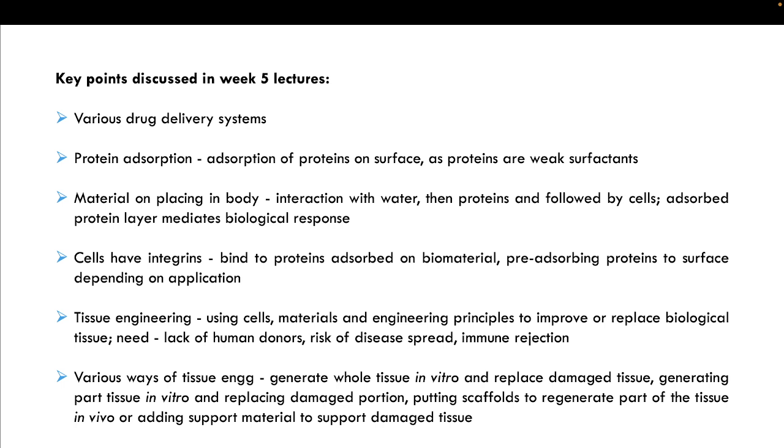They will start building over it, and then you can regenerate the tissue in that way. This is completely done in vivo instead of making the organ in vitro. Or it could be adding support material to support the damaged tissue. For example, let's say there are bone implants. So in this way, tissue engineering can work. These were some of the key points that were discussed in the week 5 lecture.